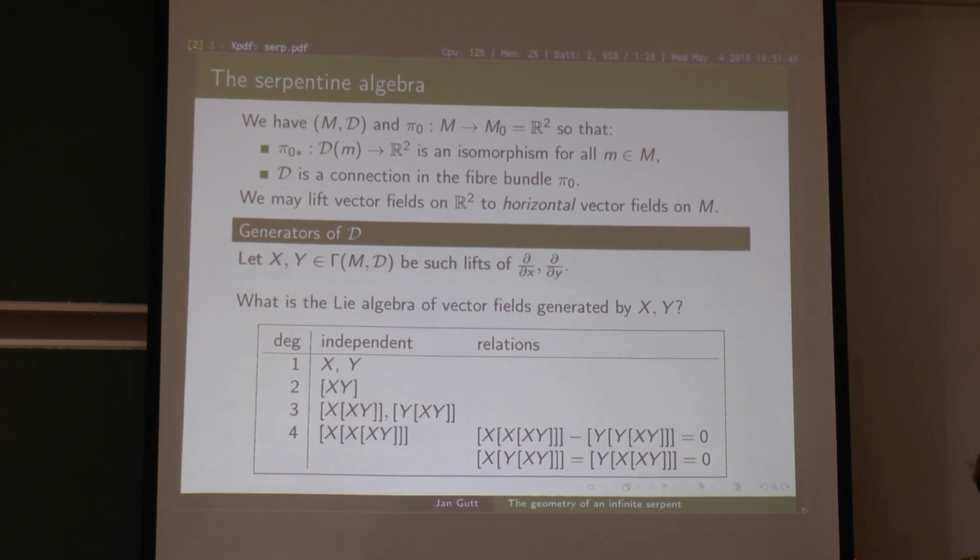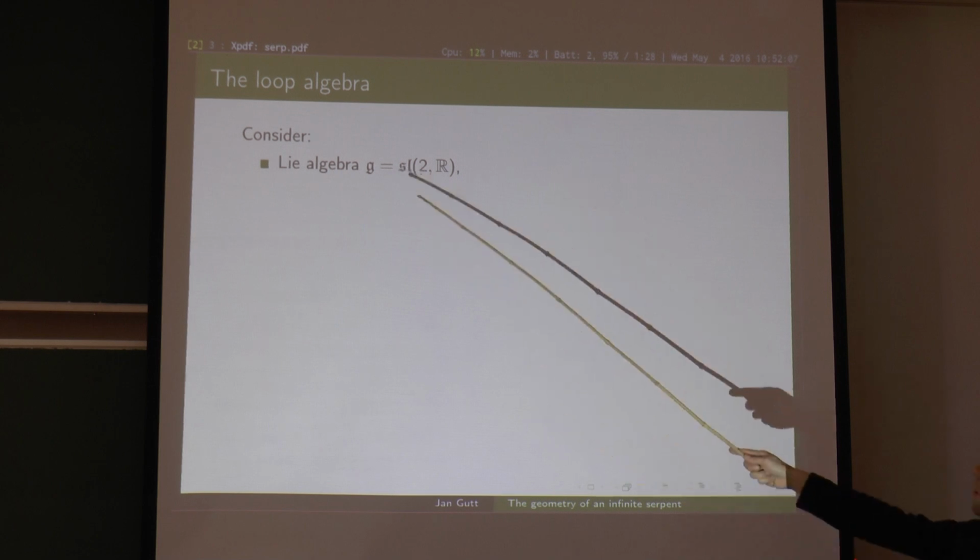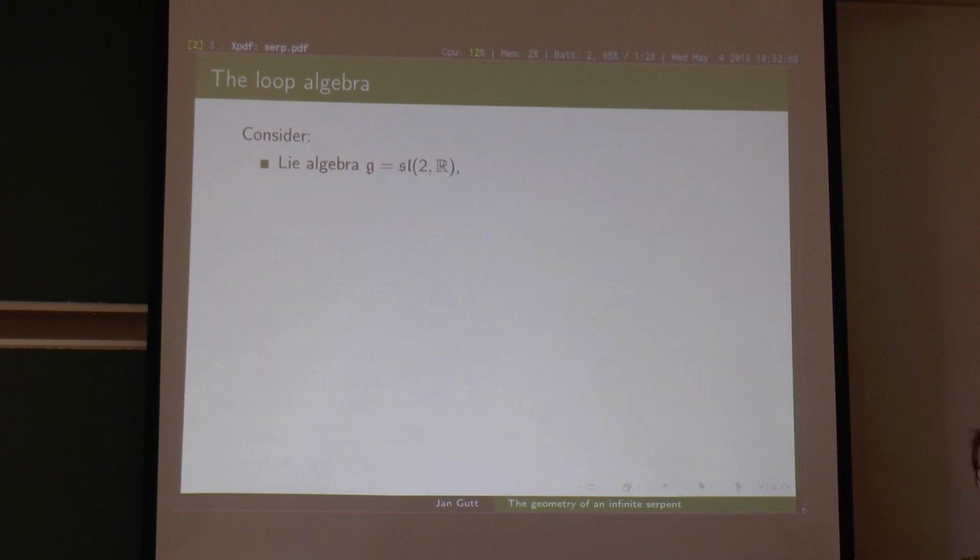Okay, so after looking at it for a while, I realized what it is, and I'm just going to tell you the answer. It's a loop algebra. So I'm just going to do a very quick introduction to this notion just for this particular case. The ingredients are the following. Start with the Lie algebra, I will call it G, that's just SL2R, trace-free 2x2 real matrices.